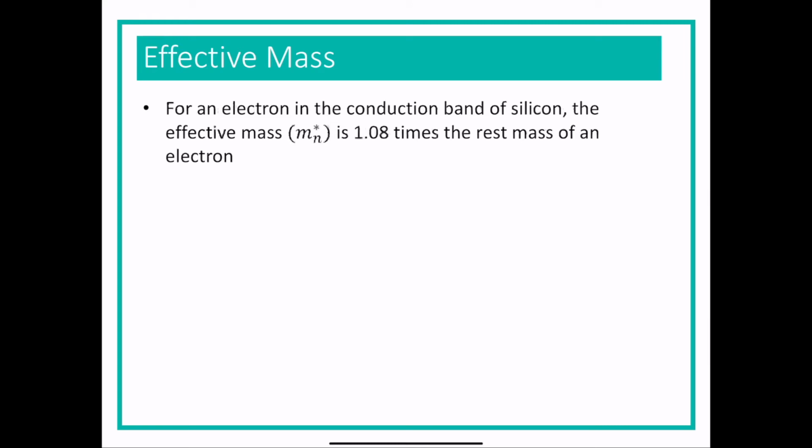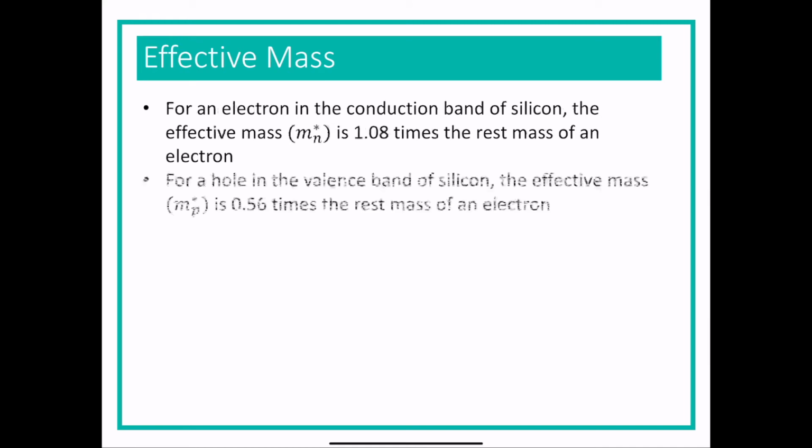So it just seems a little bit heavier when it's in the conduction band. That's basically how you think of it. For a hole, the effective mass is actually just a little over half the rest mass of an electron, because it's a completely different motion and different forces that are acting on the electrons that are moving, that are causing the holes to move. So the effective mass is different.